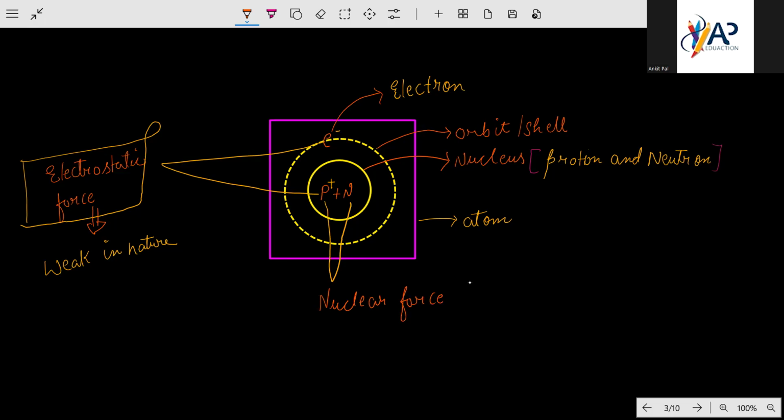Remember that inside the nucleus there is a force called nuclear force which binds proton with neutron, right? It is a strong force, or we say strong in nature.